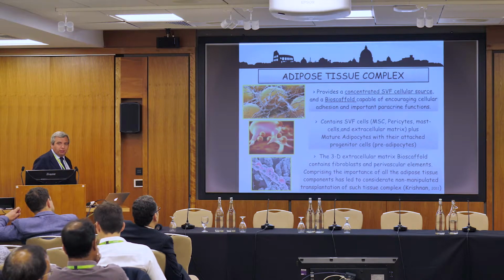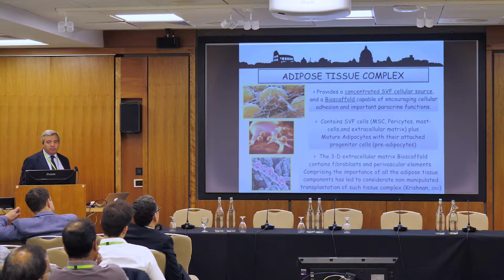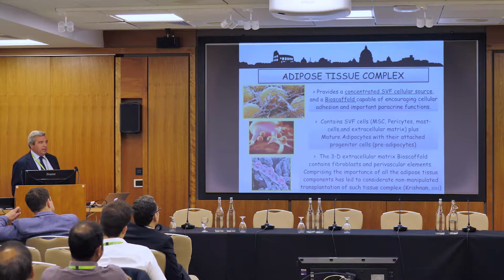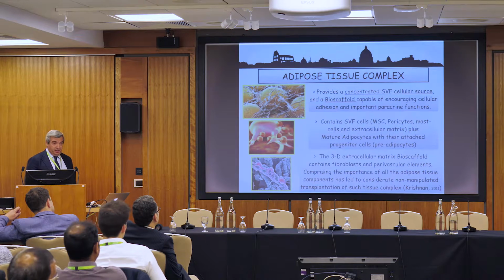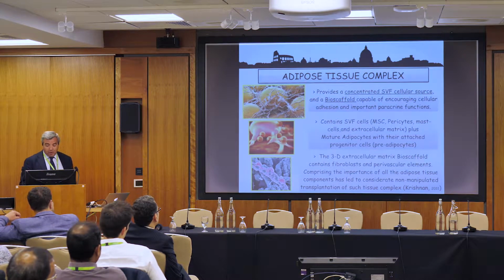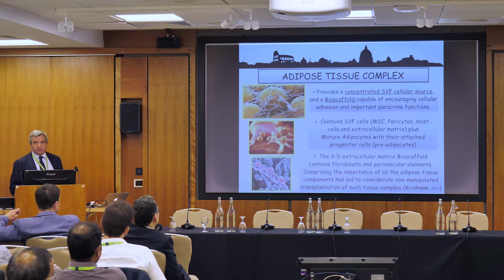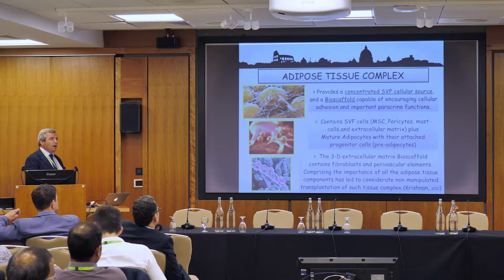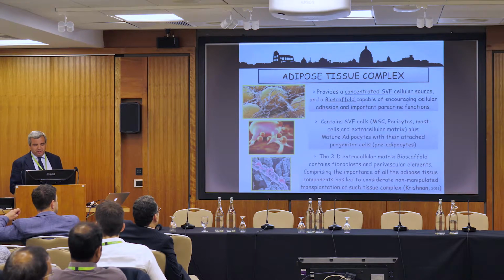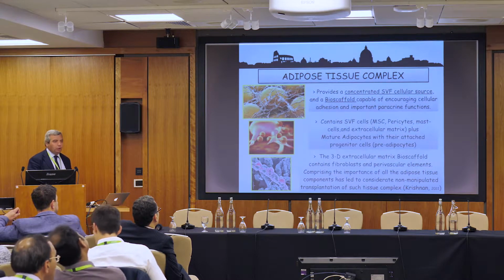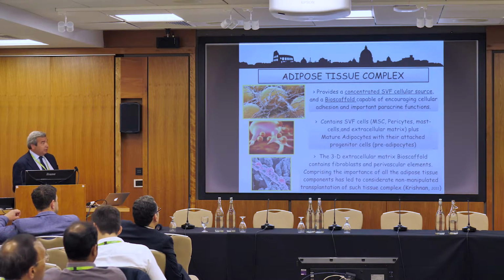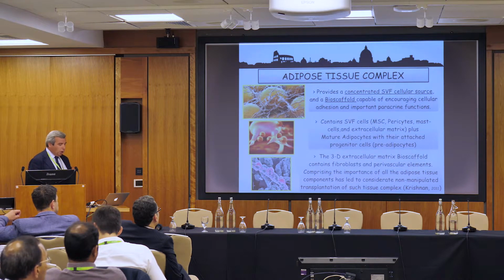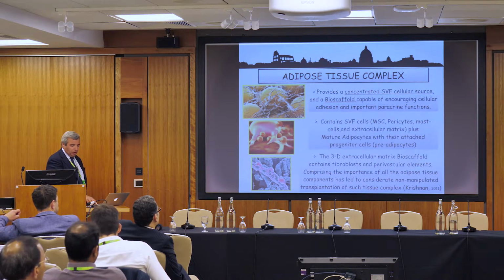But also the mature adipocytes are very important because they have their attached progenitor cells, what are called pre-adipocytes. Still, once more, the 3D extracellular matrix bioscaffold contains fibroblasts and mainly perivascular elements. When we arrived to understand all of this some years ago, we understood that it was possible to start doing the transplantation of the adipose tissue complex in a non-manipulated way.